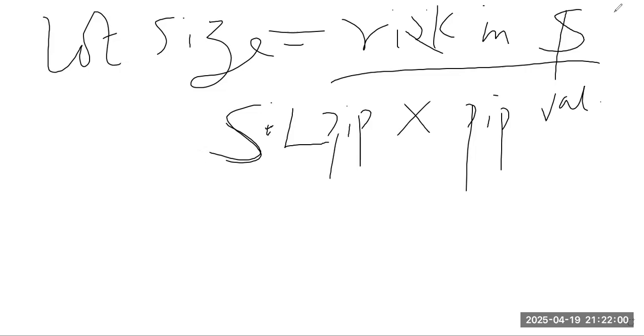Then I told you for a mini lot, 1 pip movement is equal to $1. Then for micro lot, 1 pip movement is equal to $0.10, which is also 10 cents. I also told you that when you are using a nano lot size account, 1 pip movement is equal to $0.01, which is 1 cent per pip.